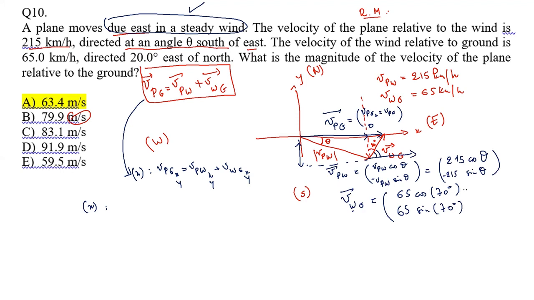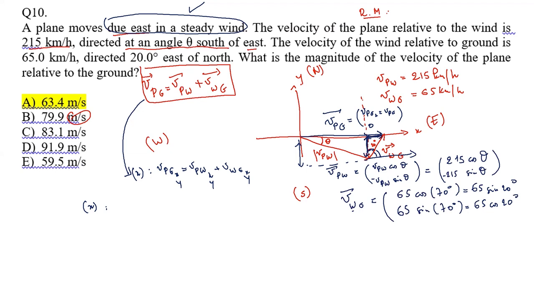Some students will say it will be 65 sine 20. Why? Because if this is 20, this is opposite, so it's a sine. And then along the y-axis, they will say 65 cosine 20. Because this is 20 here, so on the y-axis it's positive, and this is the cosine.